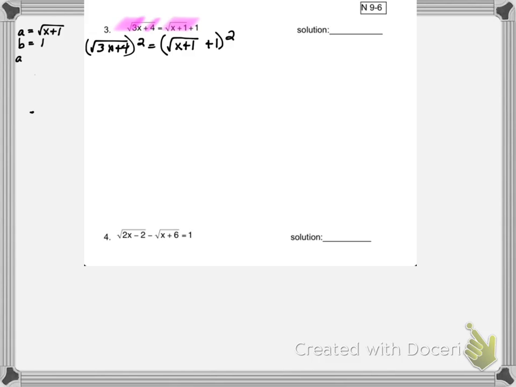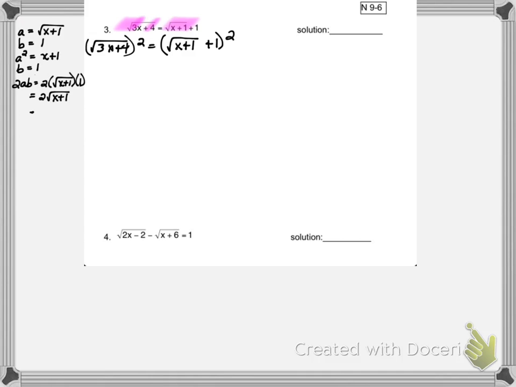So a squared is equal to x plus 1, b squared is equal to 1, and, oh no, excuse me, what am I saying, not c, 2ab is 2 times the square root of x plus 1 times 1, or 2 times the square root of x plus 1.